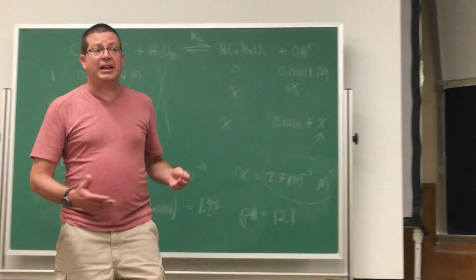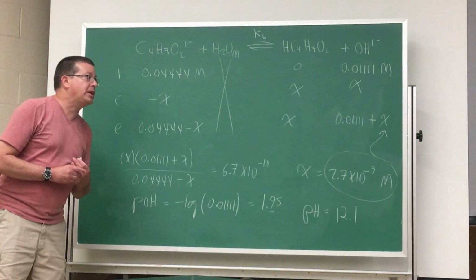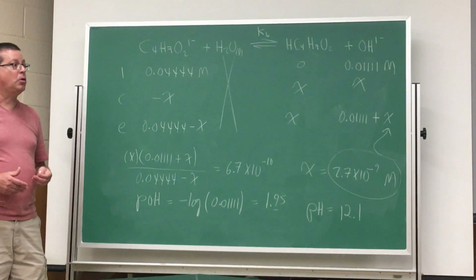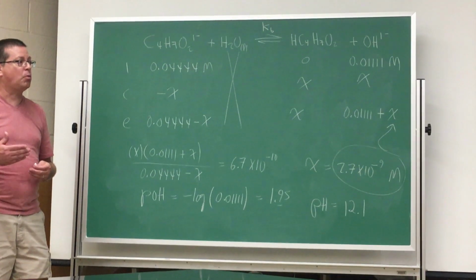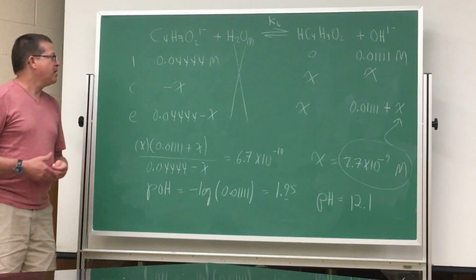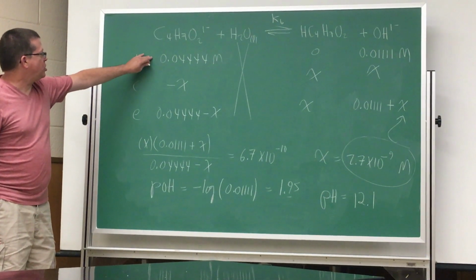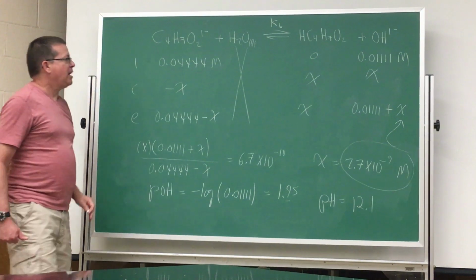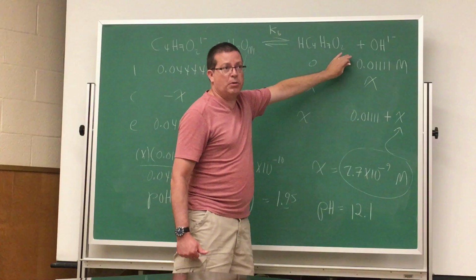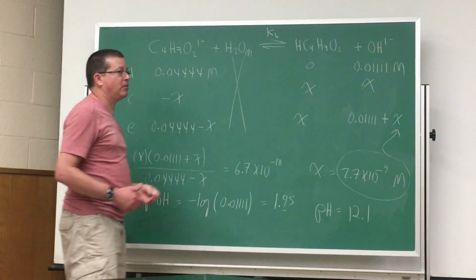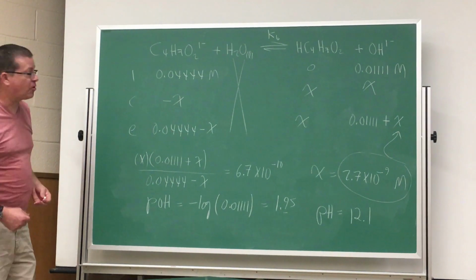Again, what we're doing is we're plugging in concentrations, where I'm going to take each one of the mole values from the F line in the ICF table, and I'm going to divide that by the total volume, which in this case is 0.045 liters. So you can now verify, based on that total volume, that this is the concentration of the weak base that I get, and this is the concentration of the hydroxide ion that I start with. Again, both of those values came from the F line of the previous ICF table, adjusted to concentration.